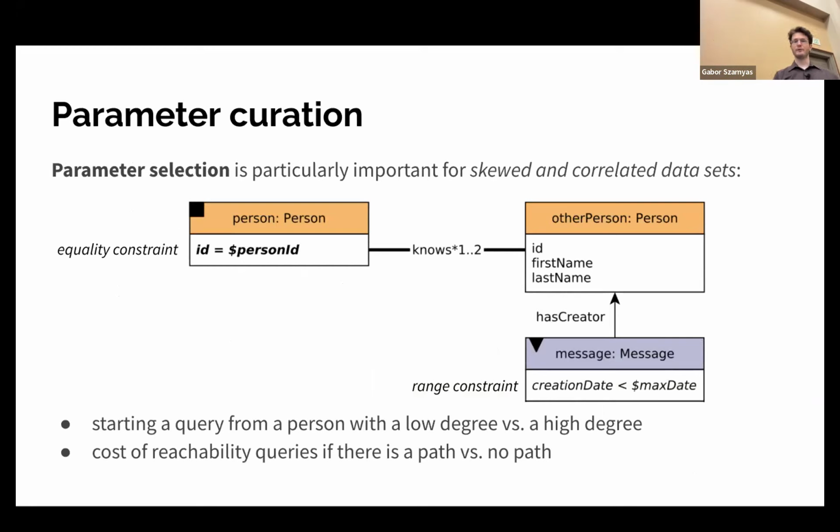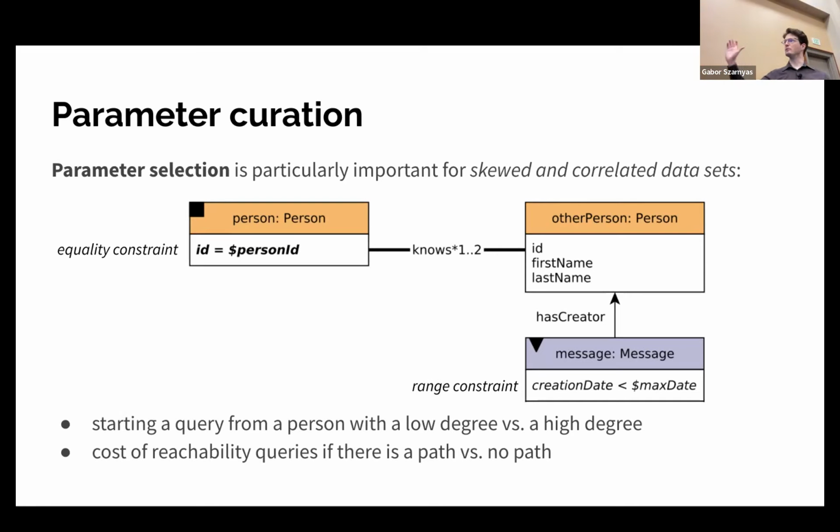So I mentioned that we have this unique technique called parameter curation. It turns out that parameter selection is particularly important for skewed and correlated data sets. And what we mean by this is that such an innocuous query which says start from person 1 and then find friends and friends of friends who created messages in a given range constraint can be very different in terms of execution.